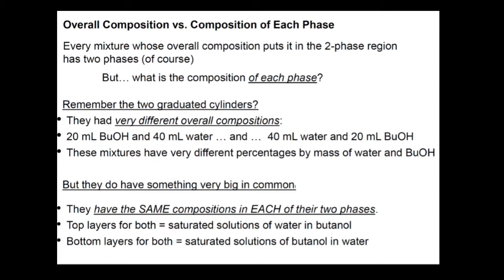Okay, and that red point on the left represented the composition of the phase that was the butanol-rich saturated solution. In other words, a saturated solution of water and butanol, and the red point on the right represented the saturated solution of butanol in water.